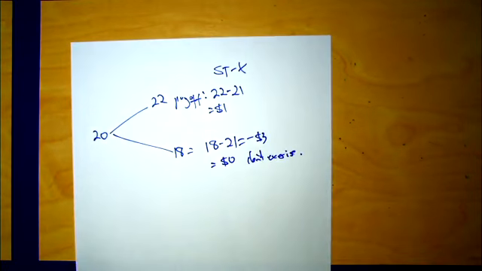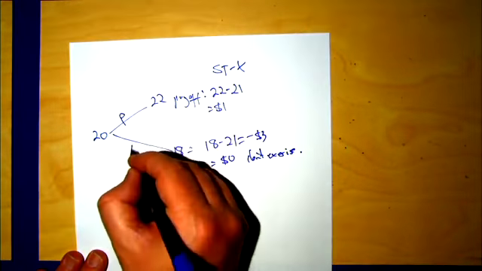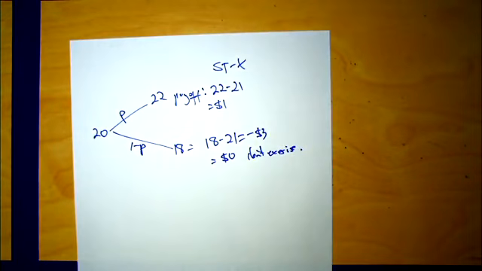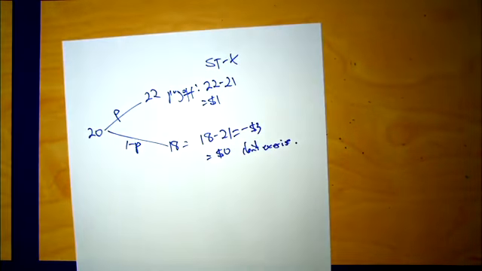And then we can start thinking about the probabilities. And so we use P. P is my probability of moving up the tree. Because probabilities have to add up to equal 1, 1 minus P is going to be my probability of moving down the tree. Okay, so I've got to solve for these probabilities, which we'll do a little bit later. But P is my probability of moving up, 1 minus P, the probability of moving down the tree.